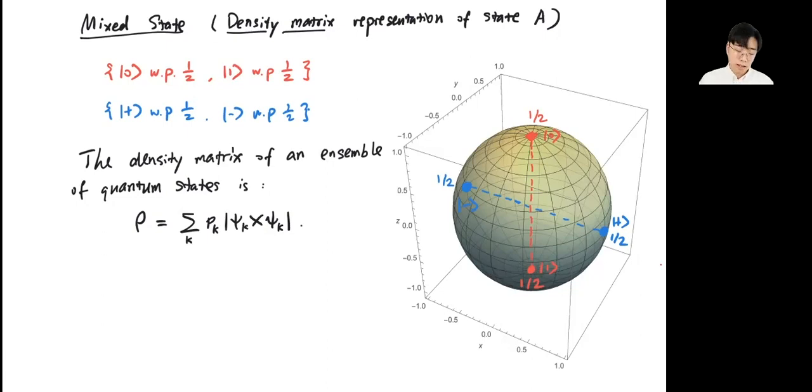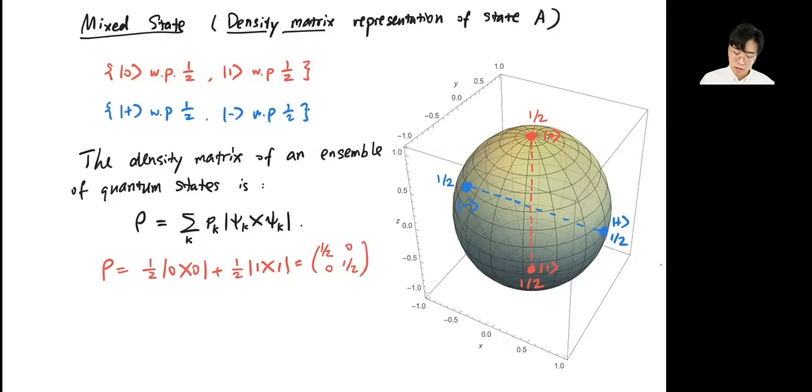Now let's take a look at the density matrix representation of the first scenario. So rho is equal to probability 1/2 times the outer product of 0 plus 1/2 times the outer product of 1, which is equal to 1/2 along the diagonal and 0 off diagonal.